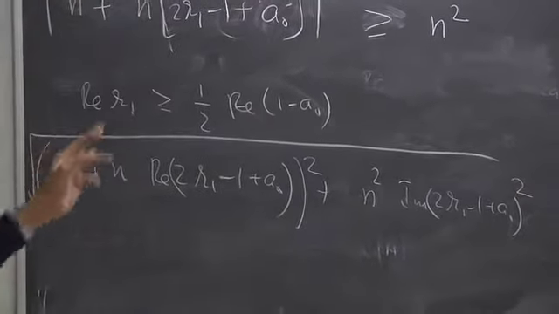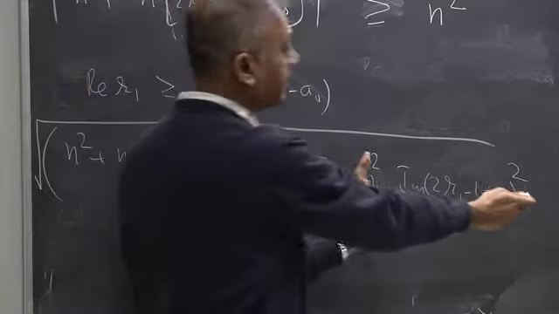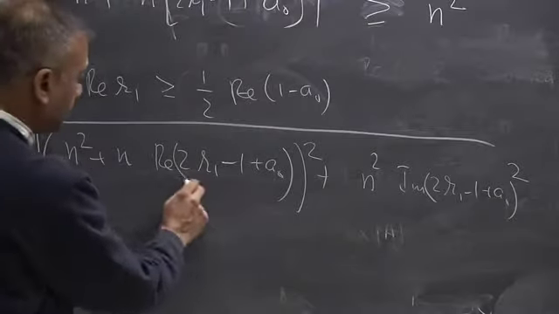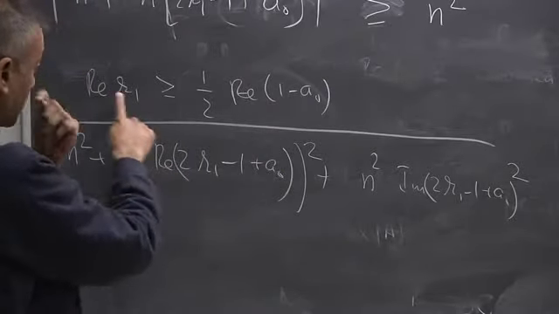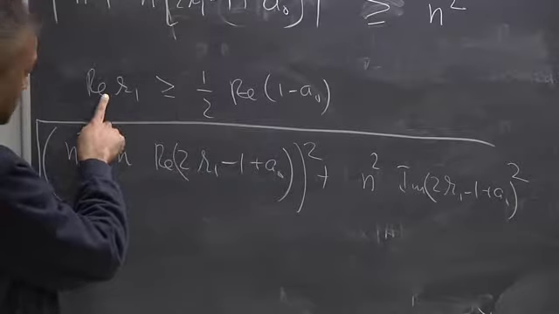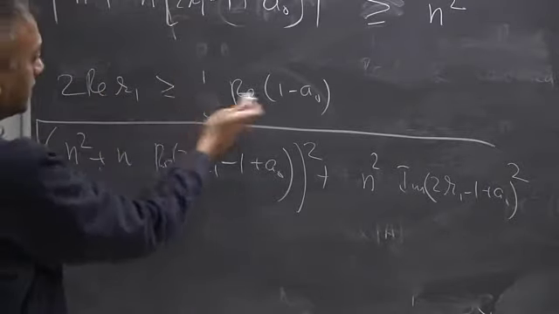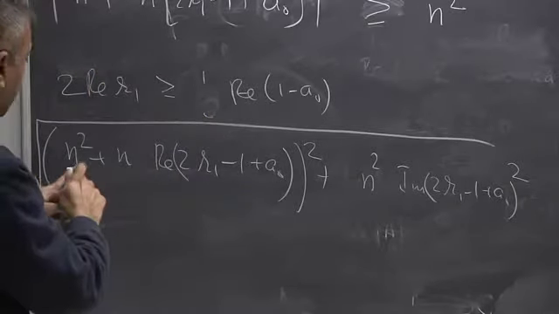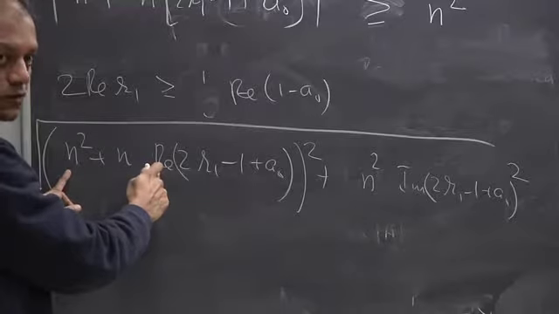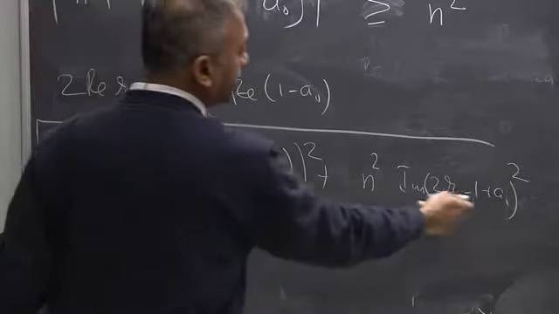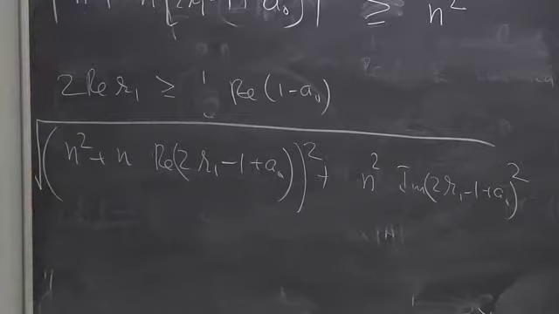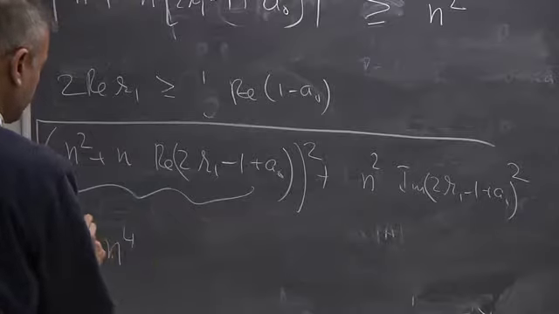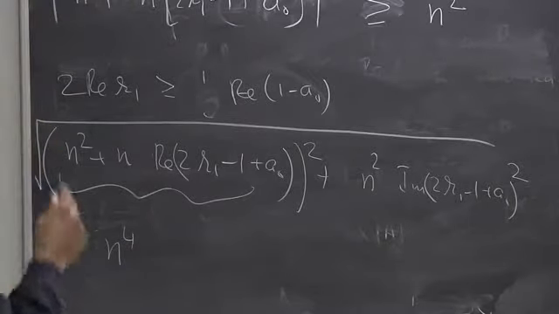Now, this guy is positive from this equation, you see? I mean, multiply by 2 and take it on the other side. So this is n square plus n times something positive, whole square, plus n square times again something positive square. So this part is already greater than n to the 4, right?